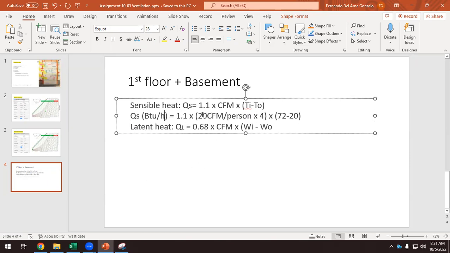So how do we go from, because this is Fahrenheit, this is CFM, cubic feet per minute. So this 1.1 is the factor that turns CFM times temperature into BTU per hour. So that's the specific heat of the air in these units.